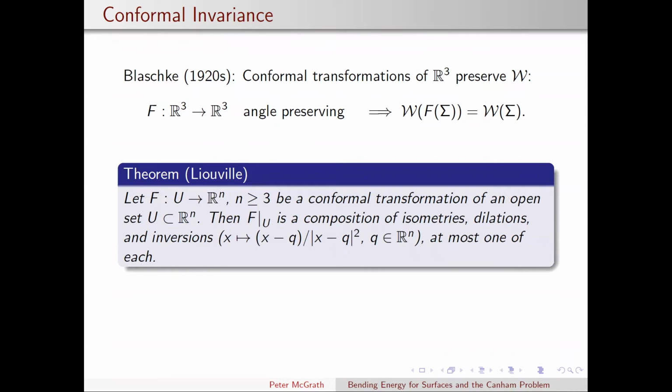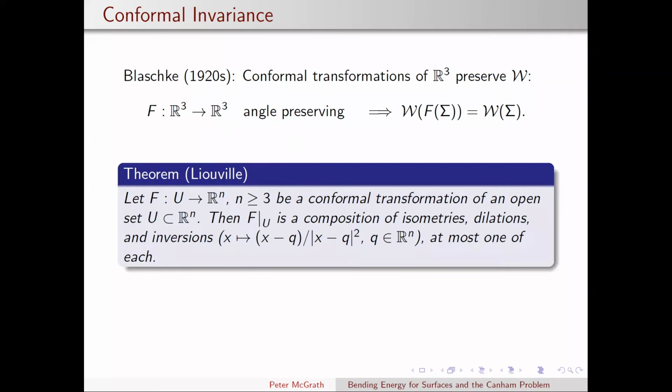And then we have these inversions. The inversions are the only ones where you can't basically eyeball that they're conformal transformations. The inversions send a point here, Q, to infinity. And Liouville's theorem says that any conformal transformation of R3, or Rn for n at least 3, is just a composition of these things. So a fairly simple set of conformal transformations.